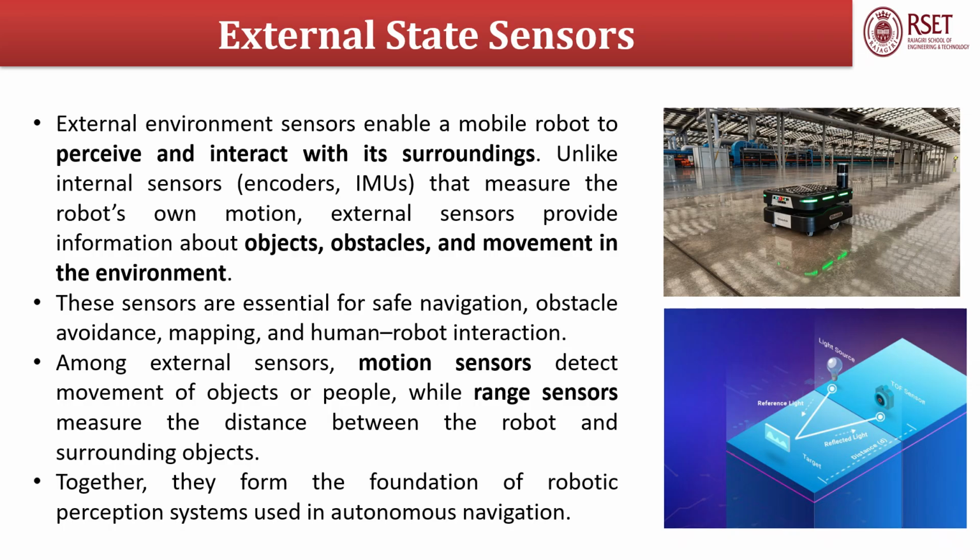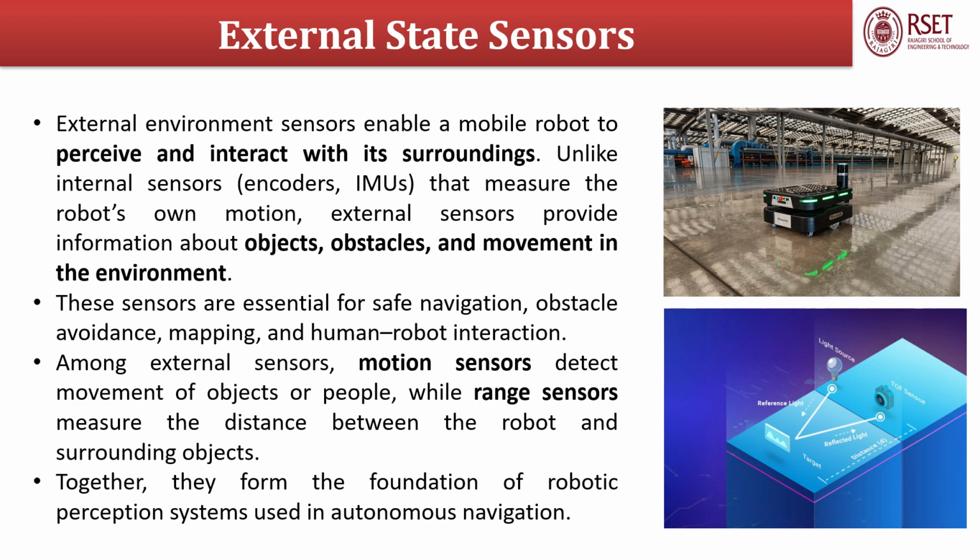These sensors are essential for safe navigation, obstacle avoidance, mapping, and human-robot interaction. Among the external sensors, motion sensors detect movement of objects or people, while range sensors measure the distance between the robot and the surrounding objects. Together, they form the foundation of the robotic perception system used in autonomous navigation systems.